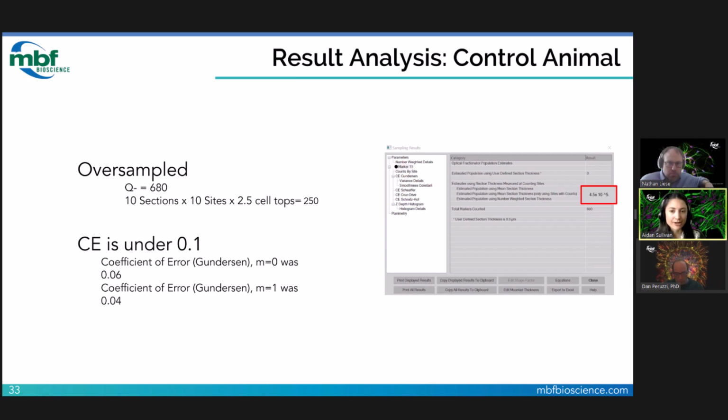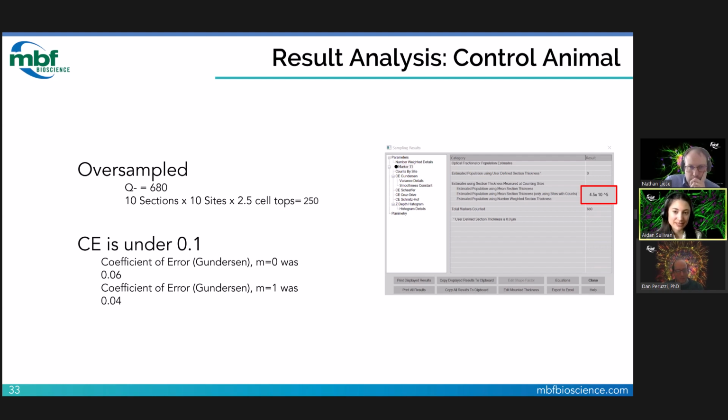Can you tell us a little bit about this data, Aidan, from one animal in your control group? Sure, yeah. So here, Stereo Investigator has provided the population estimate for my control animal calculated based on our sampling parameters that we selected, the empirical thickness measurements that I made as I was counting at each site, and the Q minus, or the total number of cell tops counted. And you can see that I've obtained a Q minus value of 680 with our pilot study design.